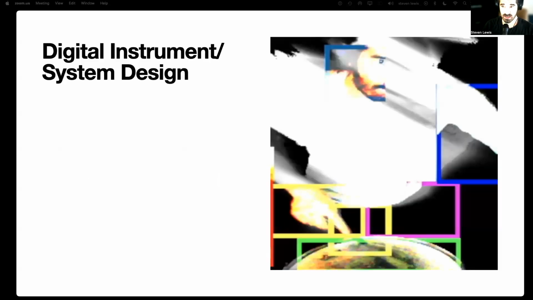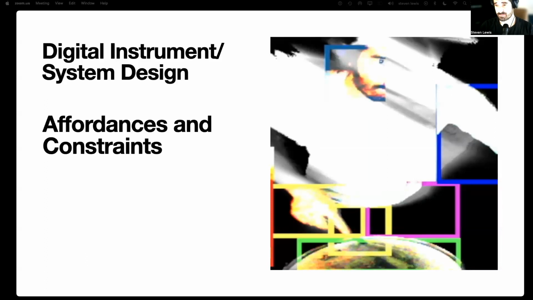Now, during this presentation, I will be discussing my experiment into building a digital instrument and system design for the augmentation of the acoustic drum set. I will especially be going into the relationship between affordances and constraints as it pertains to this project.